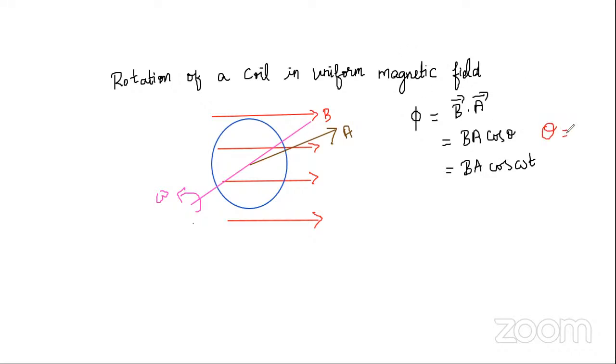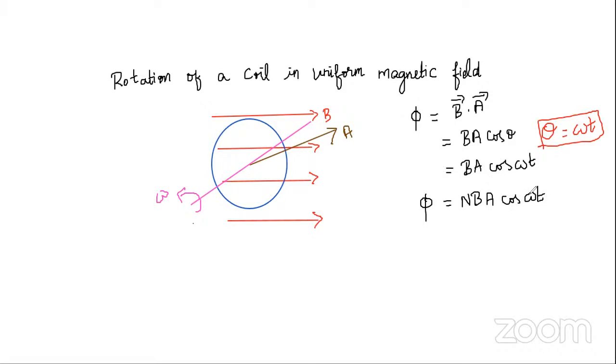So theta equals omega t, which means instead of theta, you should put omega t. If you have N number of turns, then the magnetic flux is given by NBA cos omega t.